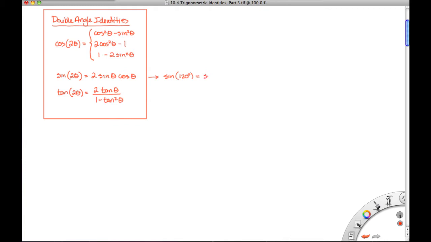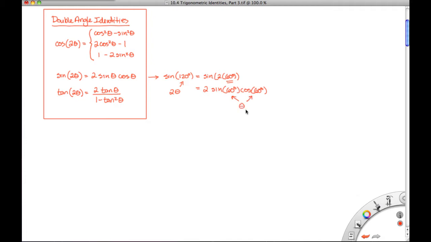So if we thought of that as the sine of 2 times 60 degrees, we could use this identity, and this 60 now becomes the theta that we use on the other side of the double angle identity. So this would be the same as 2 times the sine of 60 times the cosine of 60. So we're not only changing the trig functions, we're also changing the angle that we work with. This was our 2 theta, and the 60 degrees in this example was the theta.